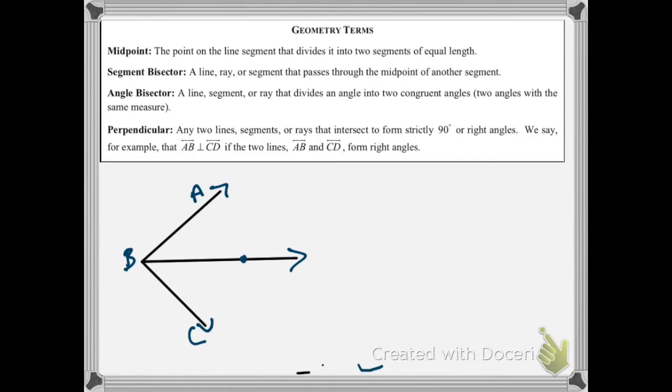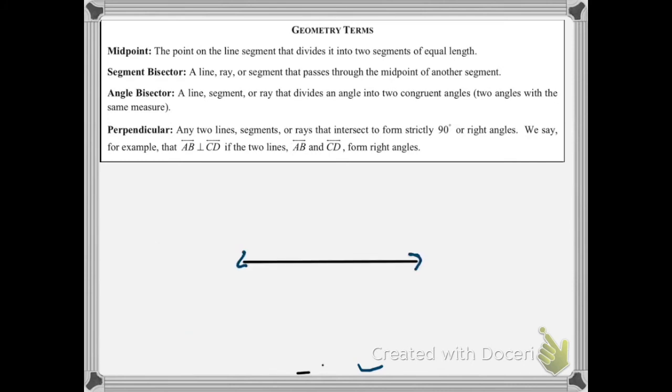So I've made angle ABD and angle CBD. And these two angles are also exactly the same, making the whole angle 40 degrees.